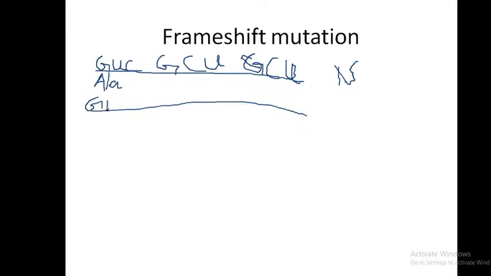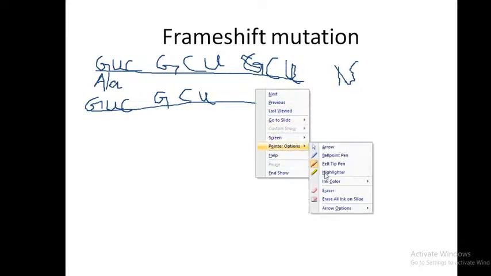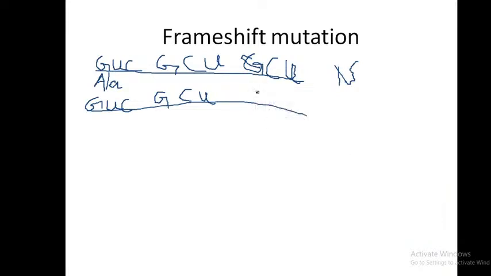This is G, U, C. Here it is G, C, U. And here, instead of G, if A comes, A will get inserted at this region.